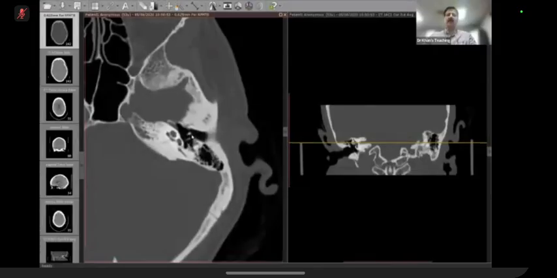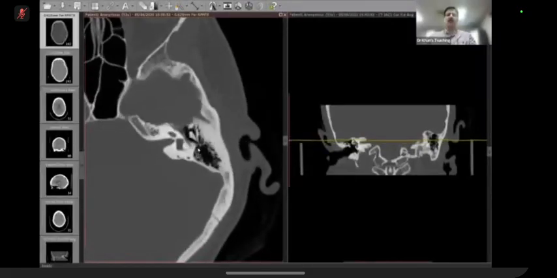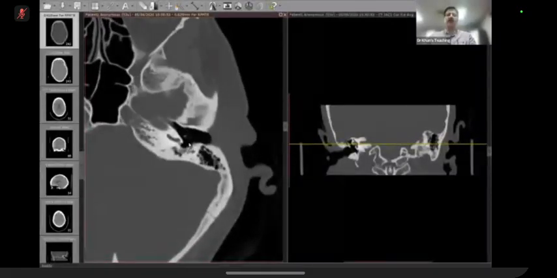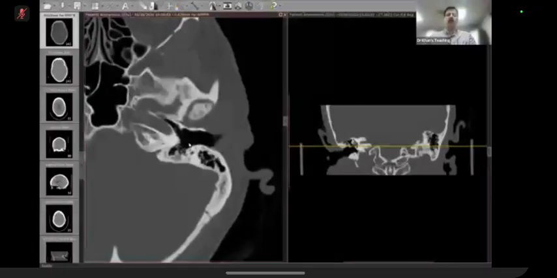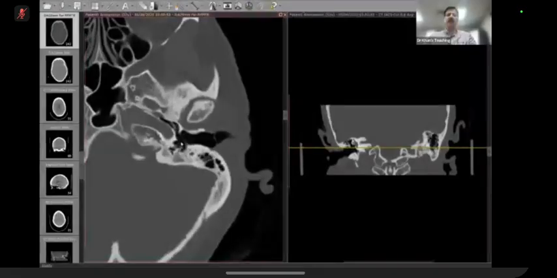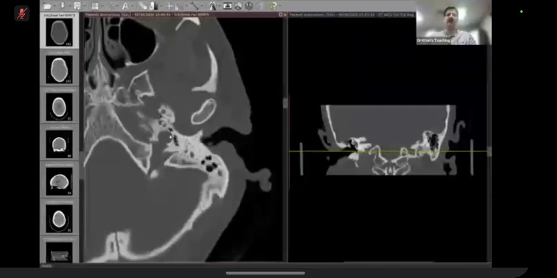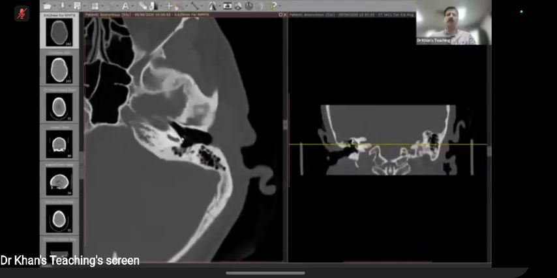And you can see the tympanic membrane here. You can see the external auditory canal. And as I go further inferiorly, I am going to go into other structures. Here, one area of interest inferiorly is the jugular foramen.